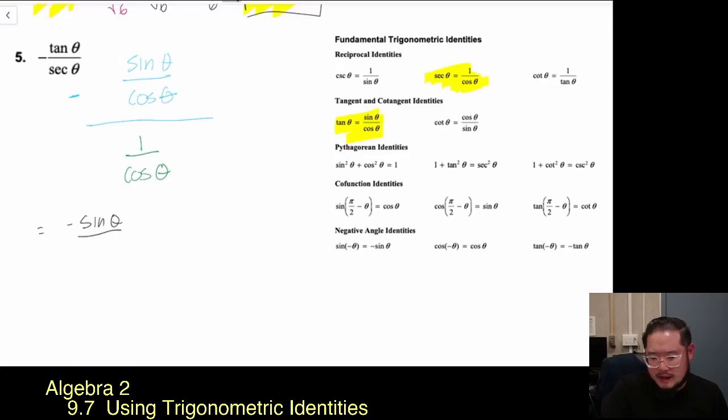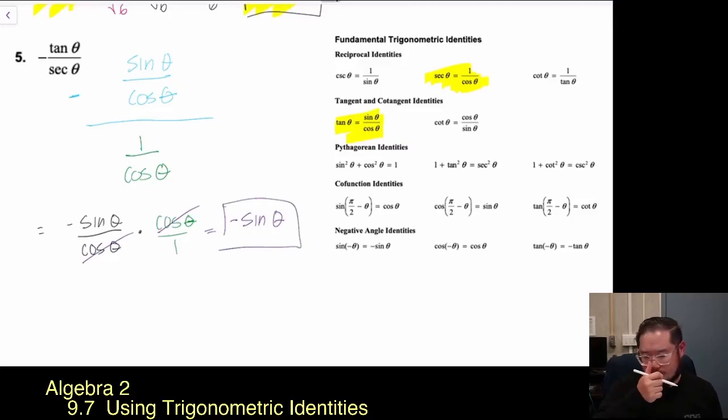So I've got sine theta over cosine theta times the reciprocal, cosine theta over 1. And guess what? This looks pretty nice. Cosine theta cancels out, and I'm just left with negative sine theta. Looks like I simplified things out. And there you go, there is your answer.